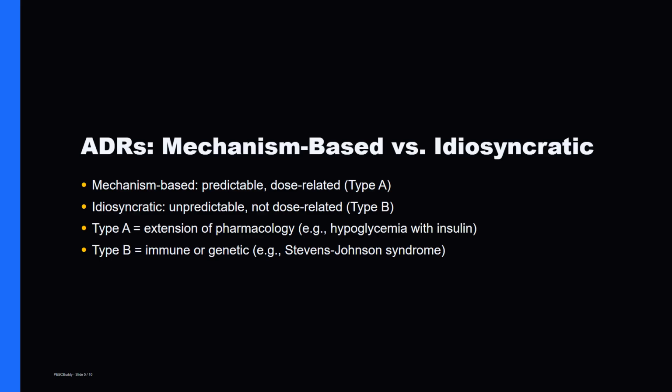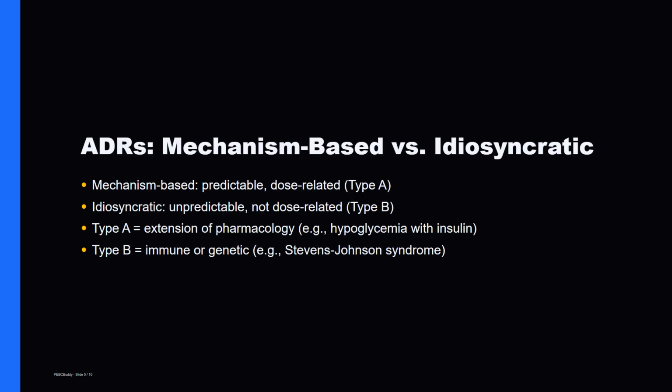Not all adverse drug reactions are created equal. Type A reactions are an extension of the drug's own mechanism. They're predictable and dose-related. Too much insulin causes hypoglycemia. Too much warfarin causes bleeding. You can anticipate and manage these. Type B reactions are the scary ones. They're idiosyncratic, meaning they're independent of dose, often immune-mediated or genetically driven.